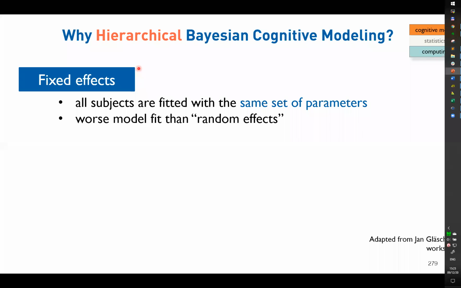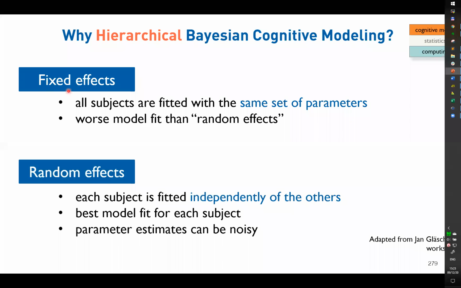And then these two terminologies, group level and individual level, map to two other names, namely fixed effects and random effects. So the fixed effect basically means the group level. So here that means everyone is more or less the same. There's something on average. This is the fixed effect.